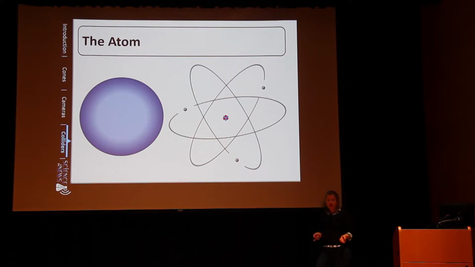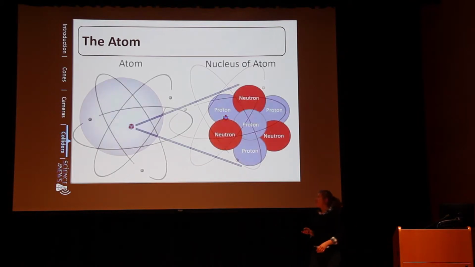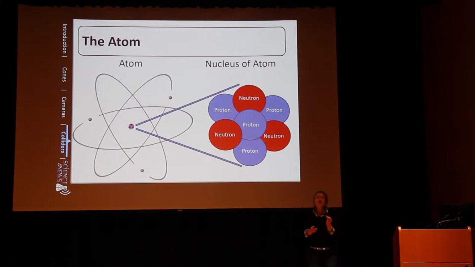And it turns out that the ratio between the size of the nucleus and the size of the atom is the same as the ratio of the size of the fruit fly to the size of the football field. So the nucleus is so tiny, and the nucleus is made of protons and neutrons. So the so-called subatomic particles that make up everything around you are then just protons, neutrons, and electrons.